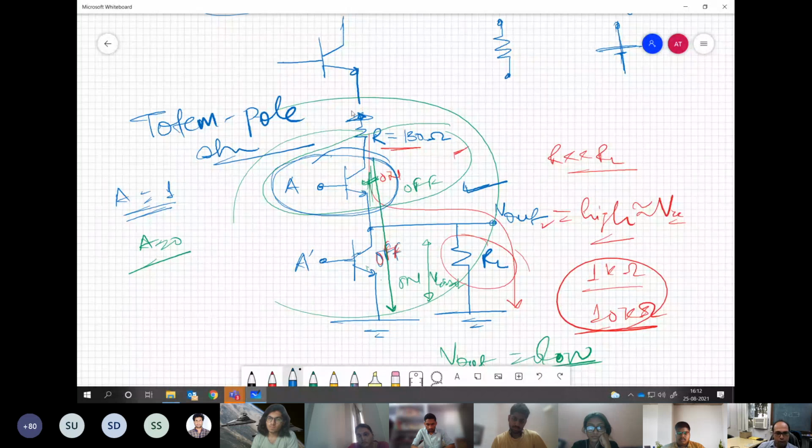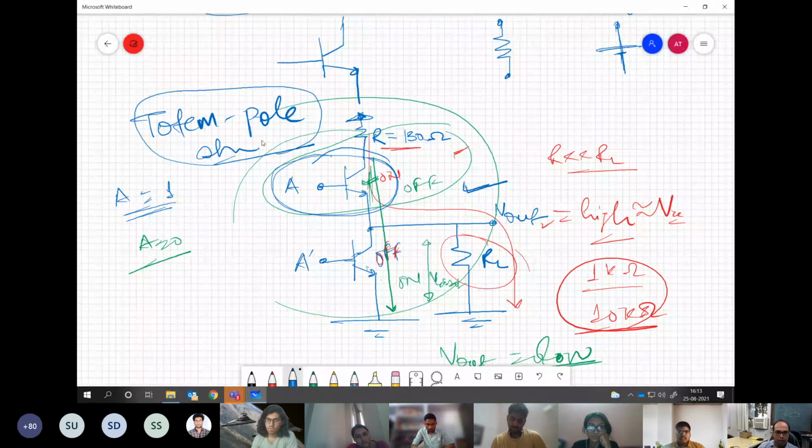The basic principle here is the totem pole structure. This totem pole structure says that if one of the transistors is on, the other must be off, and vice versa.